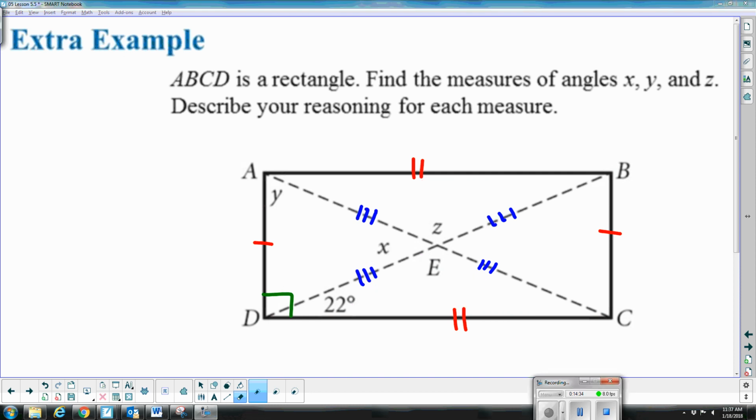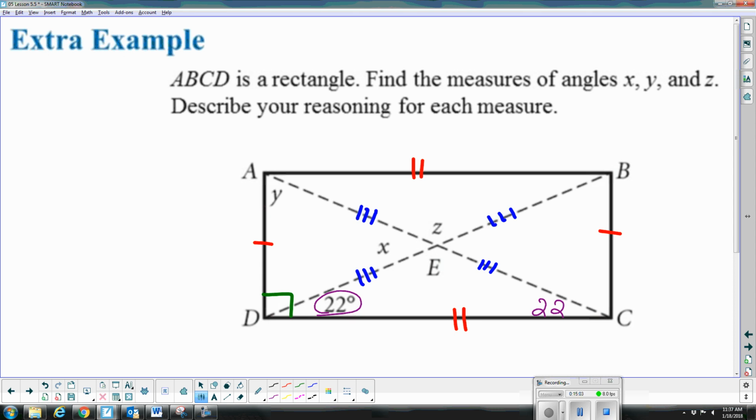Okay, so now we're looking for the measure of angles x, y, and z. So let's start by looking at this triangle DEC. There's a number of places you can start, but let's just pick a point. So if this is an isosceles triangle, and this angle is 22 degrees, then this angle is also 22 degrees.